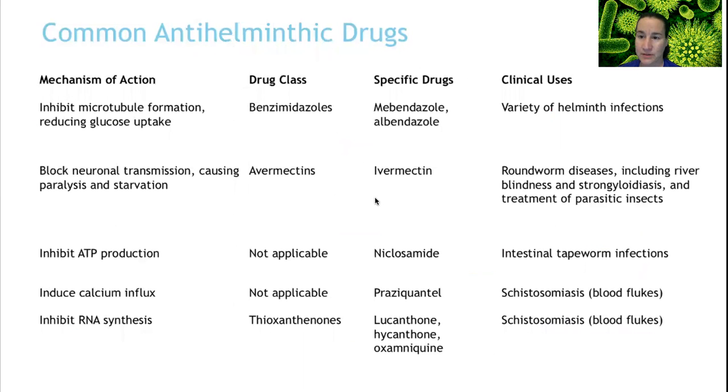What about the helminths, the bigger guys, the things that we can see with our naked eyes? We have roundworms. If you have treated your pets for worms, you have used this medication on your pets. Ivermectin is going to treat roundworms.